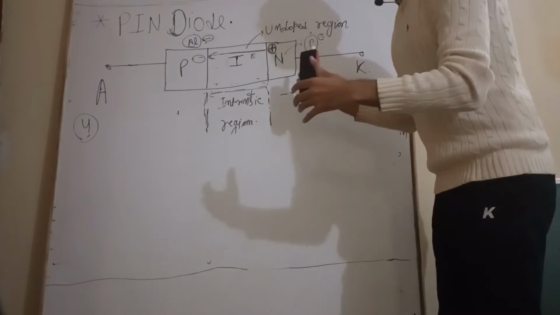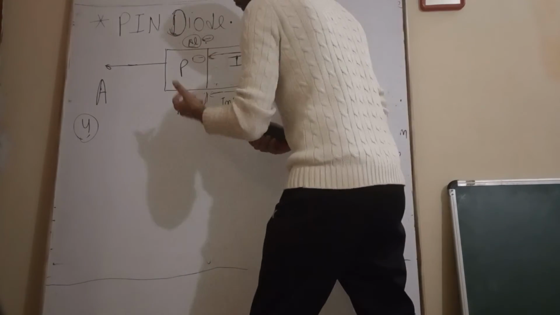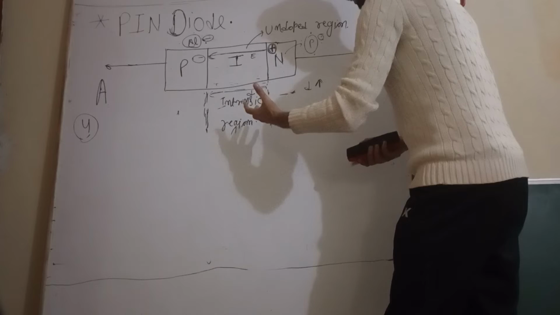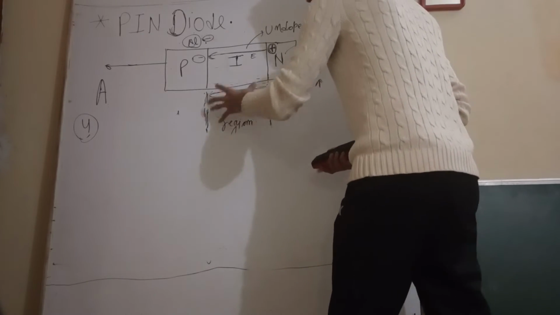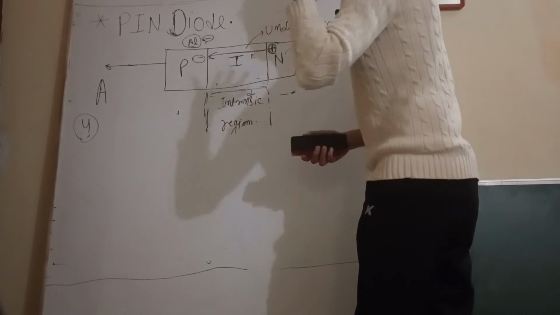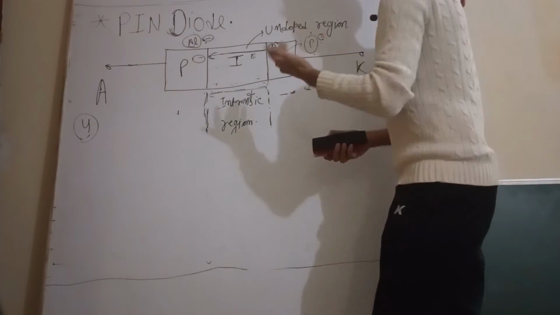Hence it is employed as a photodetector. What is a photodetector? A photodetector is used for the transformation of light energy into electrical energy.